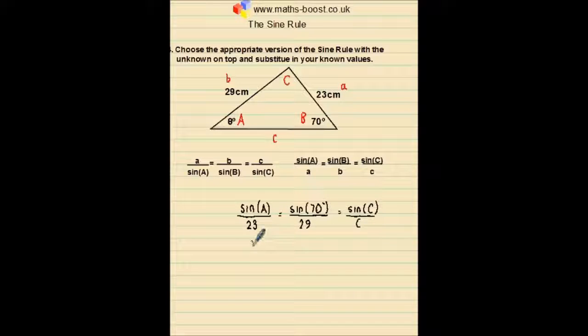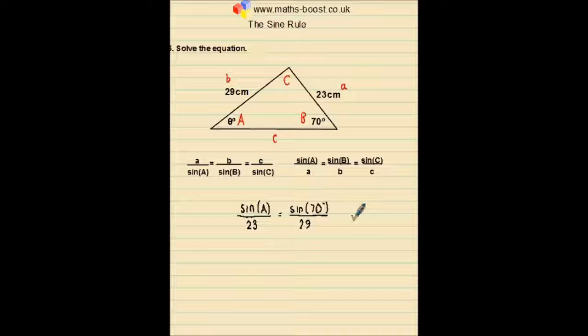Again, I only ever choose two of the fractions in the formula. Always pick the fraction containing the unknown and the fraction that contains all the information. You can just delete the other remaining fraction. Finally, we solve the equation, and just as before, we notice the unknown is part of a fraction.